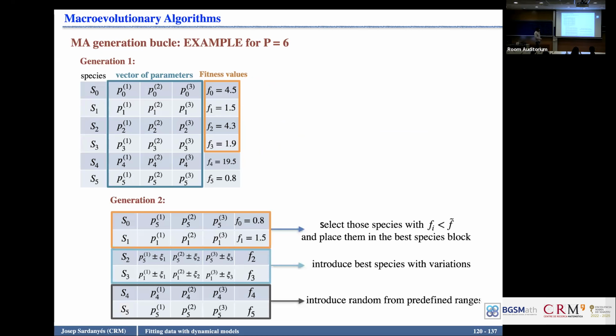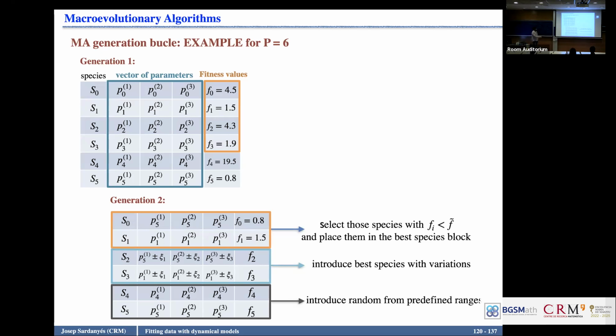Generation 2. The mean fitness was 3.05, so at generation 2 I select those values with fitness smaller than 3.05. One thing I also do is place the values from low to high fitness, so I always have the best solution in the first place, and you will see why I'm doing it.